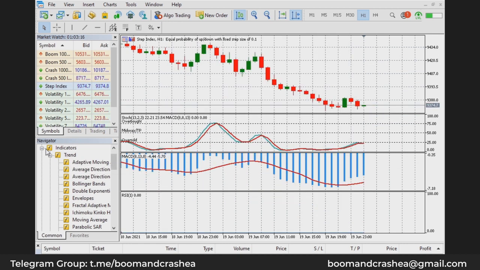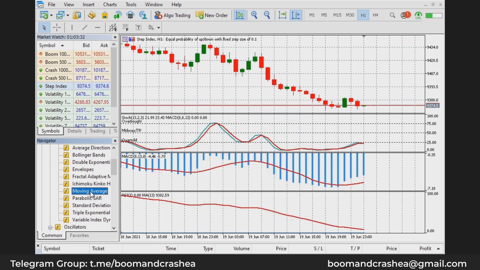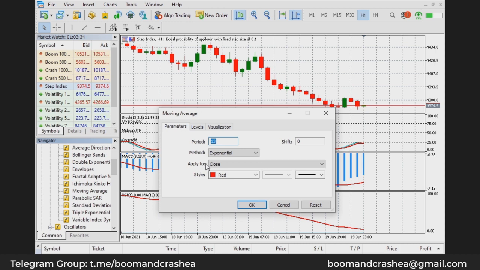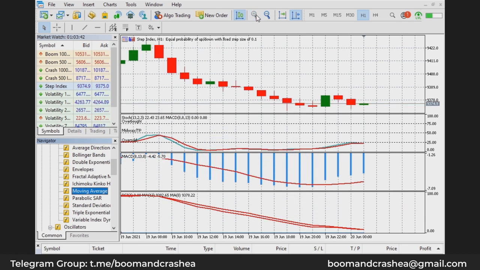Then I come here under indicators, under trend, I expand it, and I look for my moving average, and I drag and drop it onto the RSI, and I set 13, which is the slow exponential moving average, and then I drag it again onto my RSI window, and I set 8 as my fast EMA.